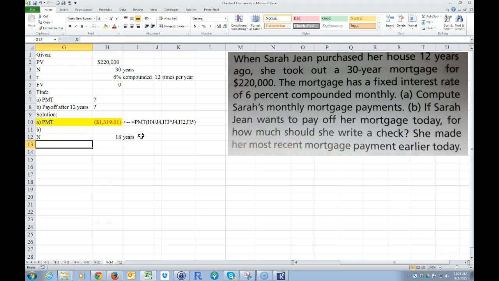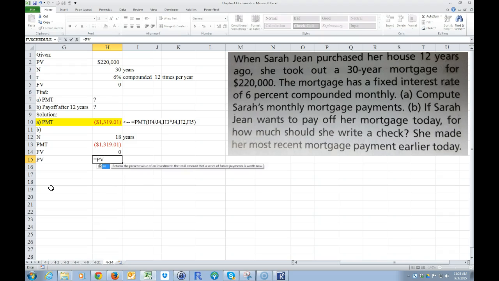And we already know the payment. So the payment is equal to this, right? And the future value, we know that's going to be 0. And we want to know what the present value is, right? So the present value is going to be the payoff. It's going to be the rate, again, this divided by this.